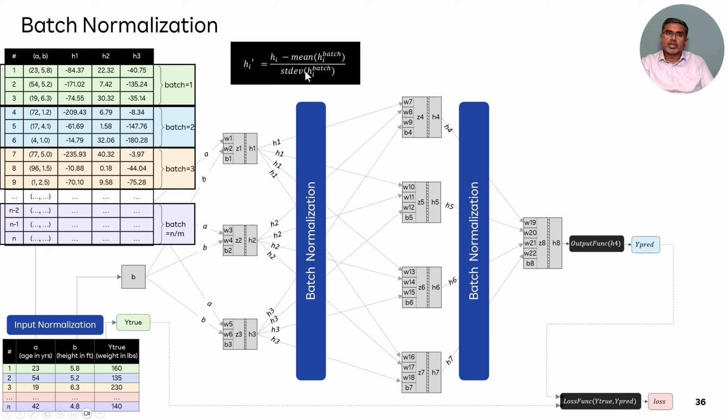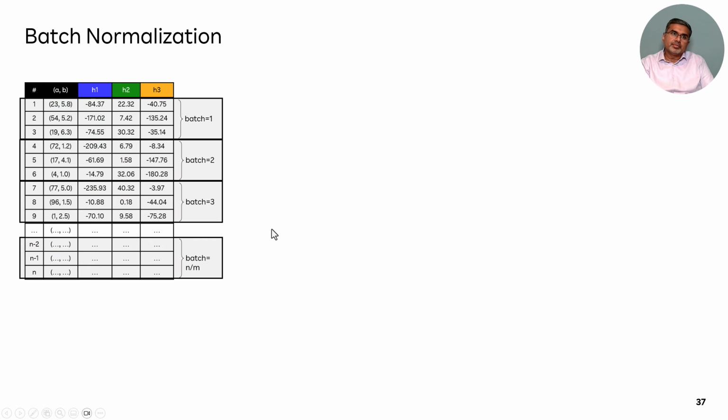It's a very straightforward calculation. So every one of these input A and B values, or these H1 values, will essentially change so that they meet this distribution of mean being 0, centered around 0, and a standard deviation of 1. So all these H1s become H1 primes, H2s become H2 primes, and so on. Same thing here. You apply the same logic here. So this is your batch normalization.